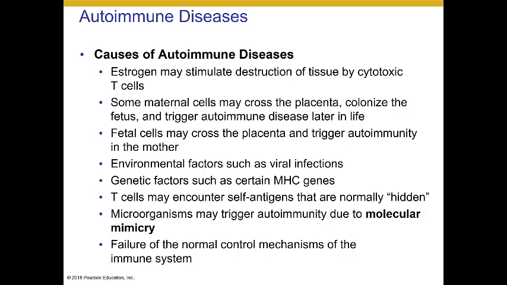So there's lots of different reasons that an autoimmune response could be triggered in a person. Often these are not diseases that you're born with. You end up kind of acquiring them through your lifetime. I've known some people who've acquired an autoimmune disease after having a surgery.